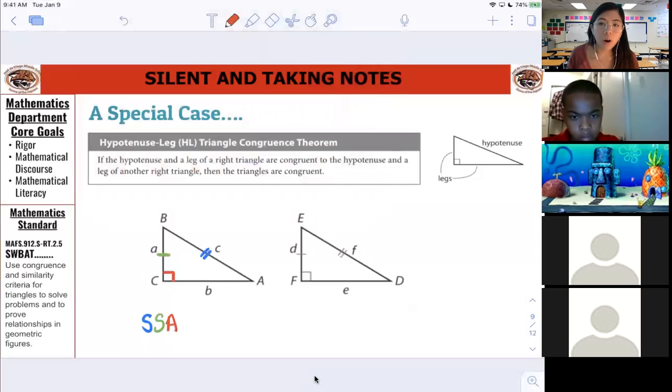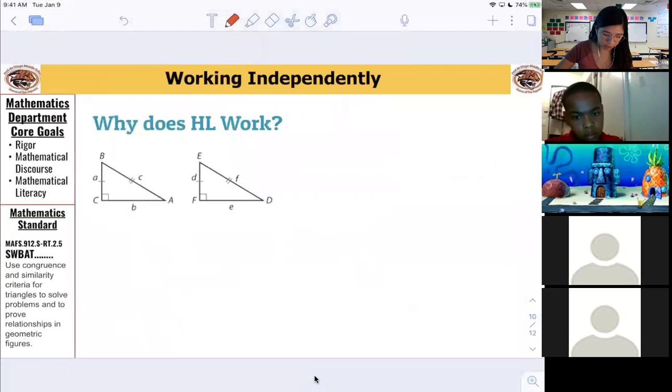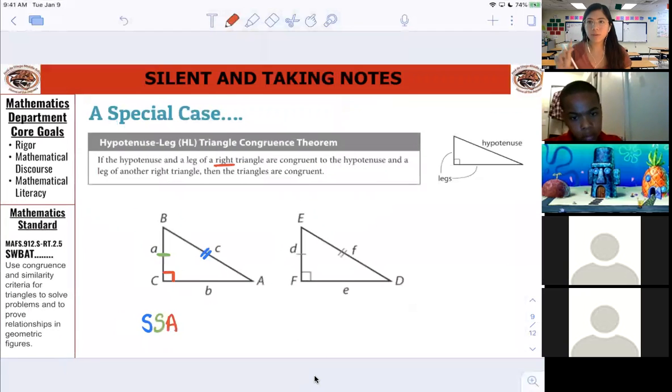The only time that this works is if you have a right triangle. Only if you have a right triangle. And the reason is the Pythagorean theorem, exactly. So take one minute to copy down the HL theorem.